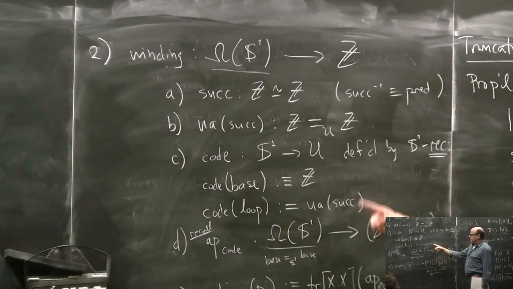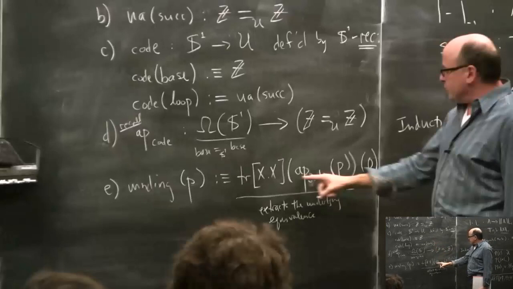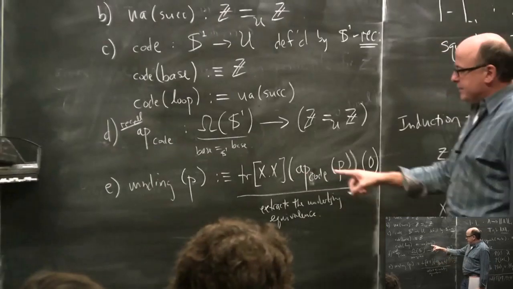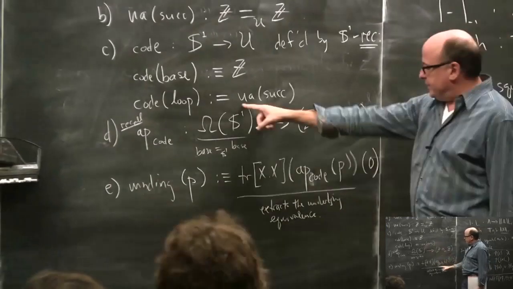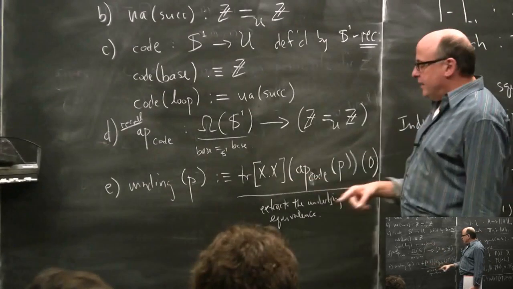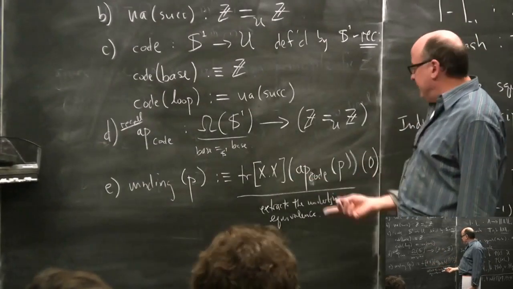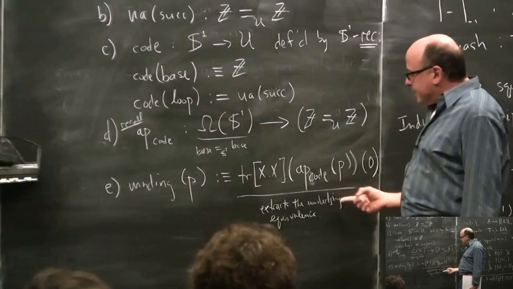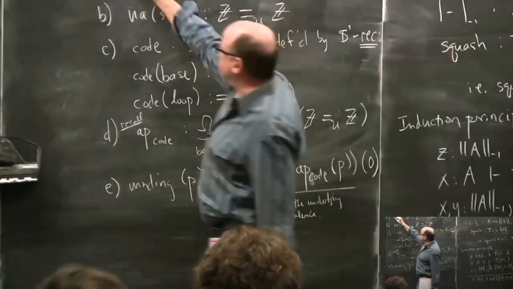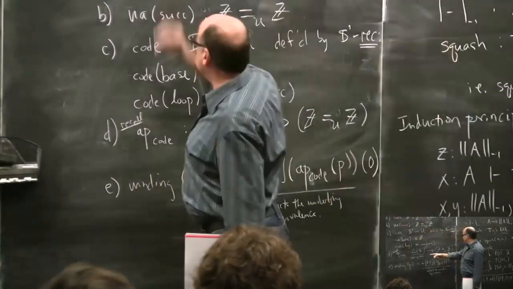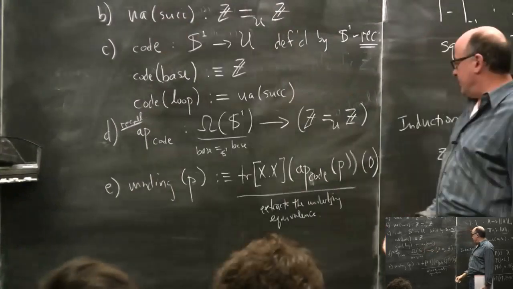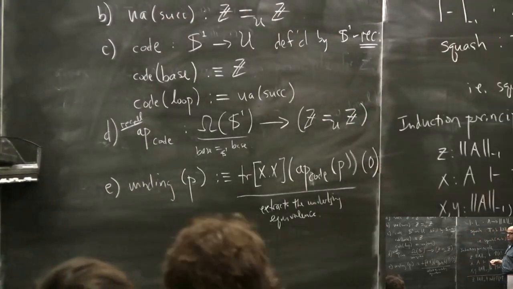But think of the case where we're doing the loop. The action on paths will be UA of successor. And when you transport in the identity, with respect to the identity family, what it's doing is extracting the underlying equivalence, namely the successor, from the path, which is this UA of successor, and then applying it to 0.